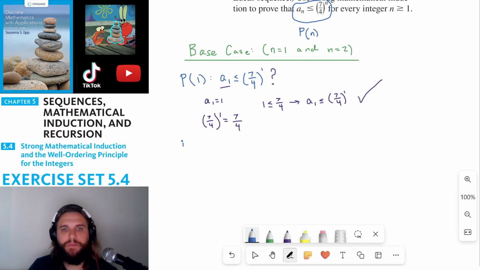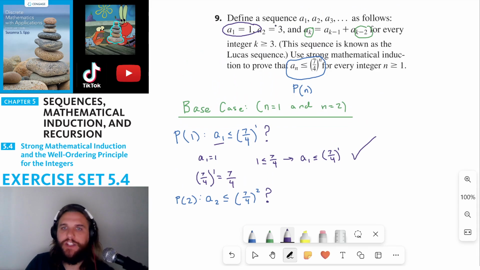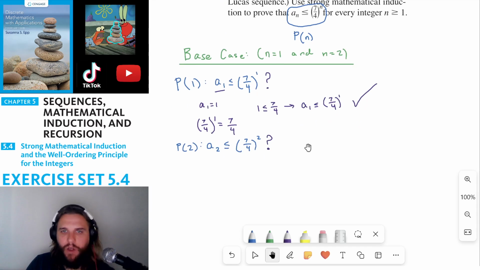Now let's move on to P of 2, which is the statement that a sub 2 is less than or equal to (7/4) squared. To avoid confusing the reader, I'm going to put a question mark here so that I avoid asserting the truth of something that I want to show. Now, on one hand, a sub 2 is given to us as well. That's the left-hand side of this inequality. a sub 2 equals 3.